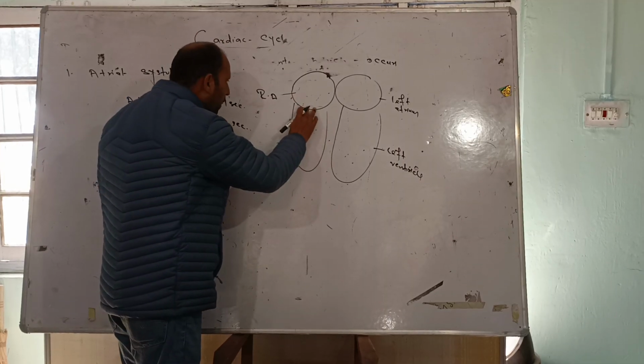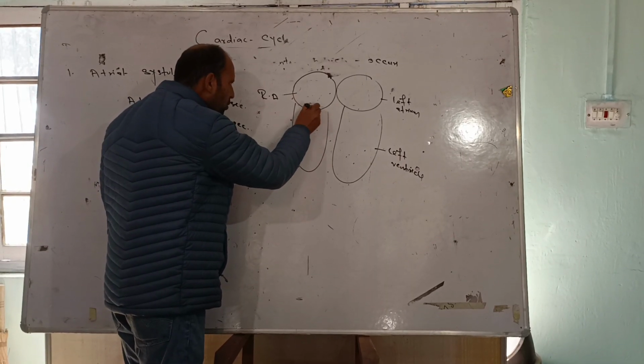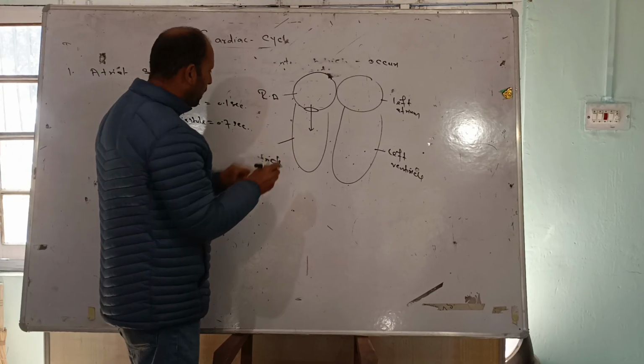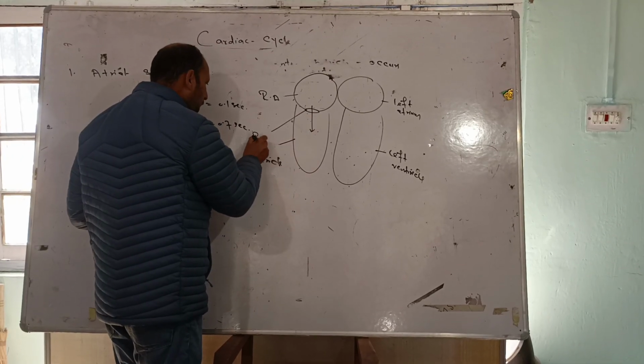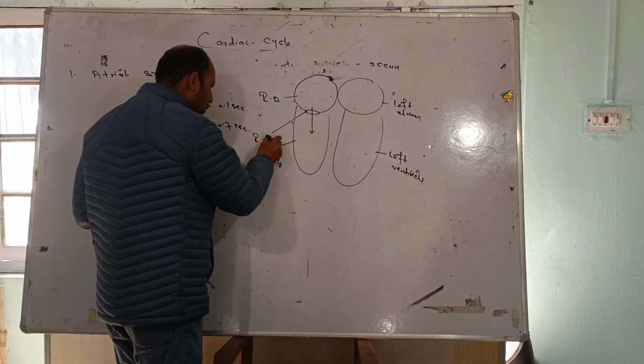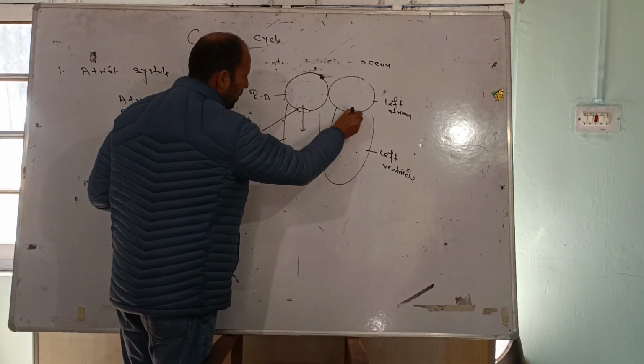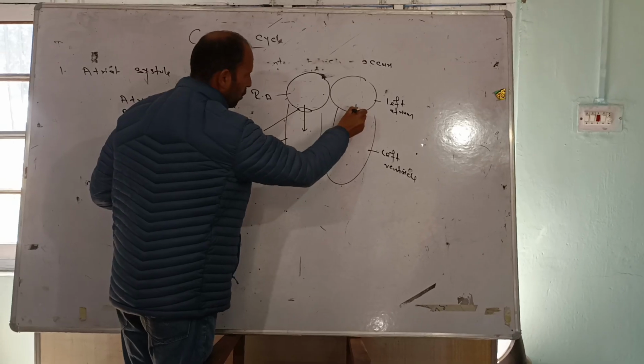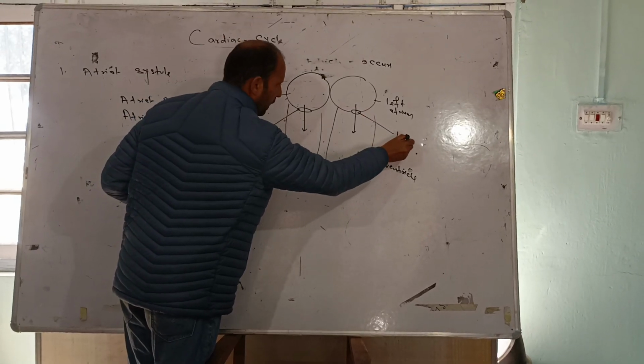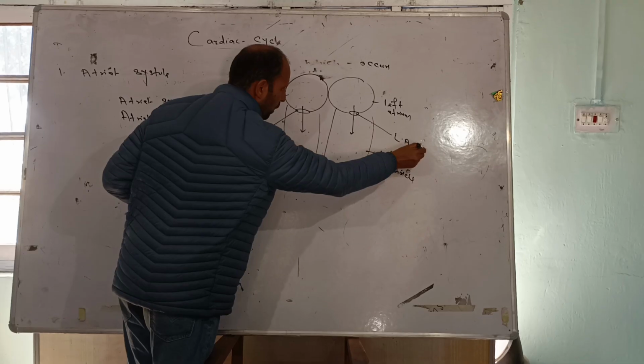The blood of the right atrium enters the right ventricle of heart through an aperture called RAVA, right auriculoventricular aperture, and the blood of the left atrium enters the left ventricle through an aperture we call LAVA, left auriculoventricular aperture.